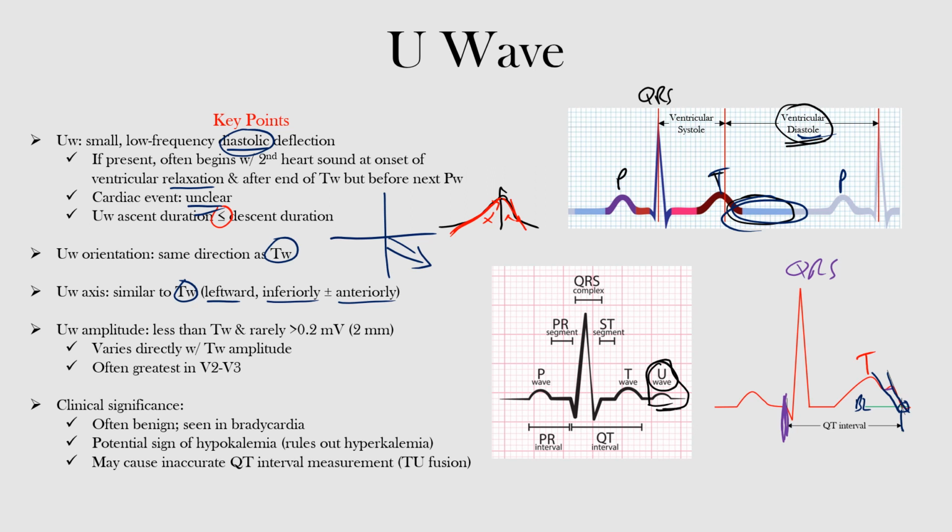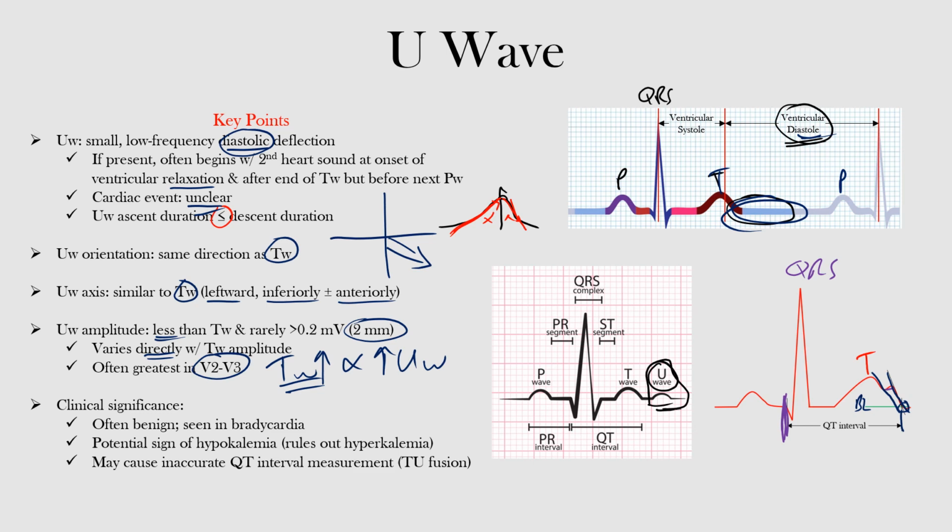Now, the U wave amplitude tends to be less than that of the T wave. It rarely goes beyond 0.2 millivolts, which is 2 millimeters. It varies directly with the T wave. So as the T wave goes up in amplitude, so will the U wave. Often it's greatest in leads V2 and V3, where we also see the greatest T waves, okay?